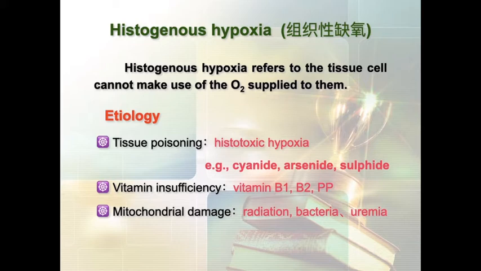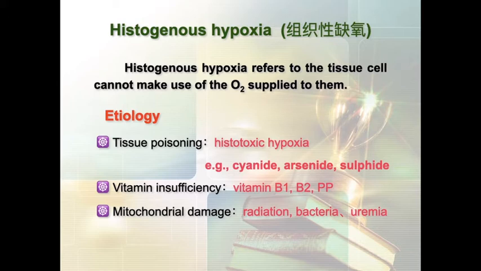The reasons are, number one, tissue poisoning. We call it histotoxic hypoxia. And the examples are the chemical substances that can lead to toxic hypoxia.